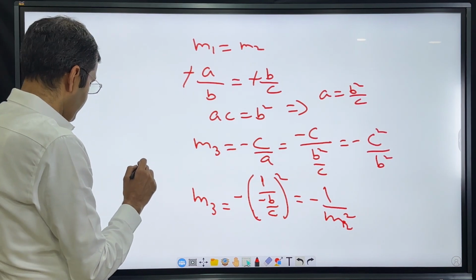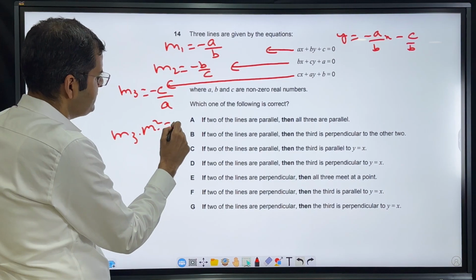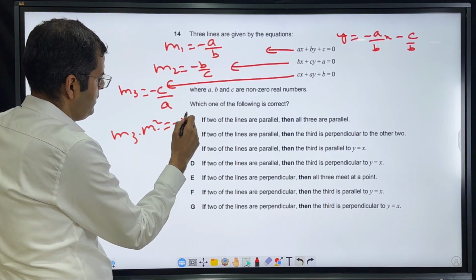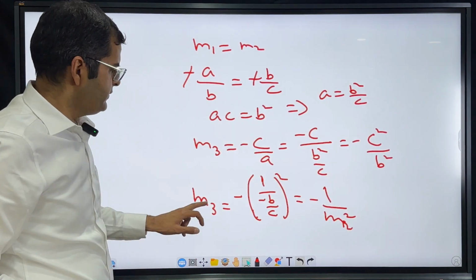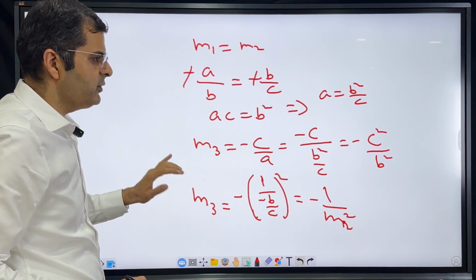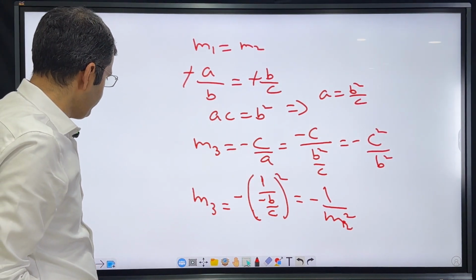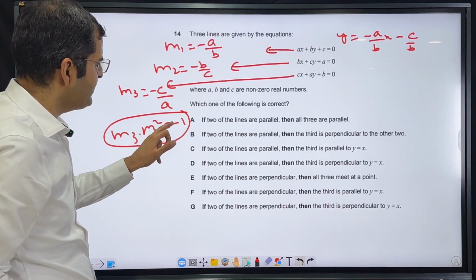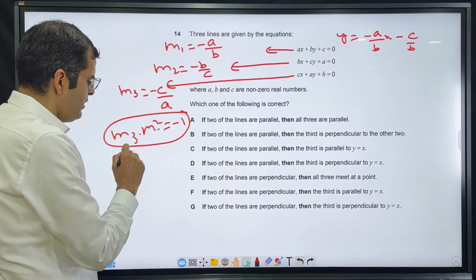So I can conclude that if they are parallel, m3 into m2 square is minus 1. So if m1 and m2 are parallel, that means line 1 and line 2 are parallel, that means m3 is equal to minus 1 upon m2 square. But this is not the condition for perpendicularity.